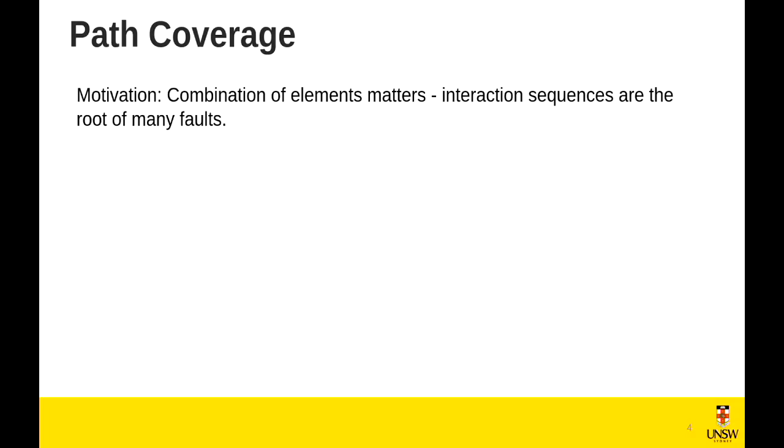The motivation is that when we traverse the control flow graph, we are combining different single elements of the program structure, and sometimes we need combinations of single elements to trigger bugs or failures.